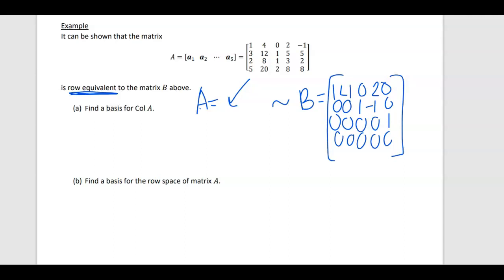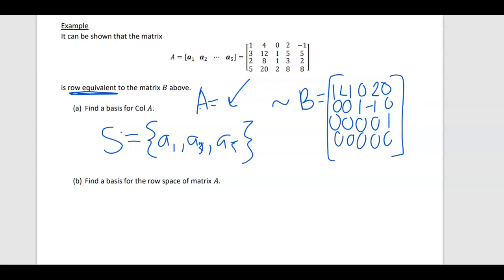Therefore, the basis for the column space of A has to be the exact same columns as for B. So that basis must be the span of A1, A3, and A5.